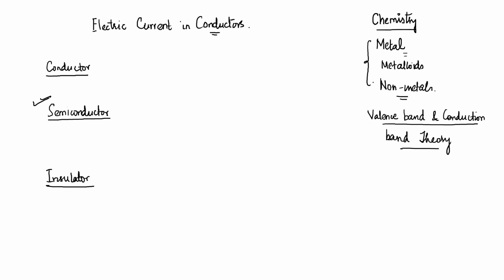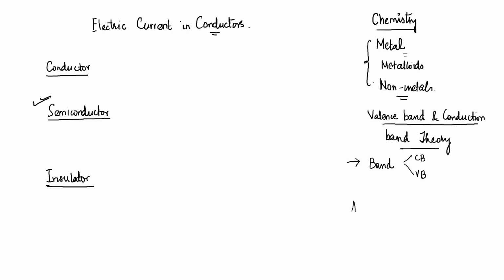This theory gives us a very generalized and very straightforward idea of how conductors conduct, while semiconductors and insulators conduct the least. So in this theory, we have two bands. One is the conduction band, I'll write it as CB, and the other one is the valence band.